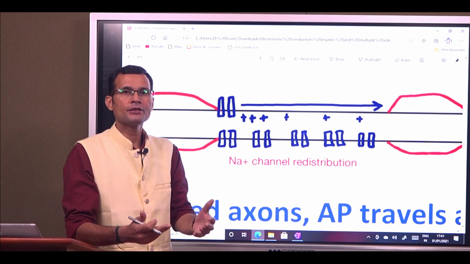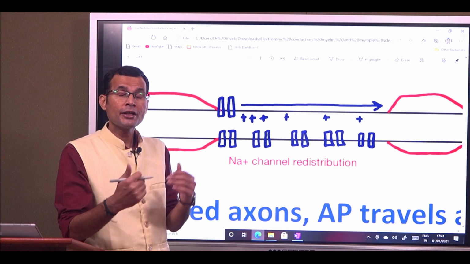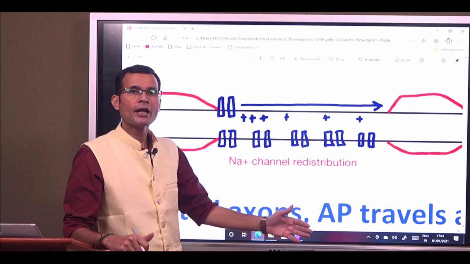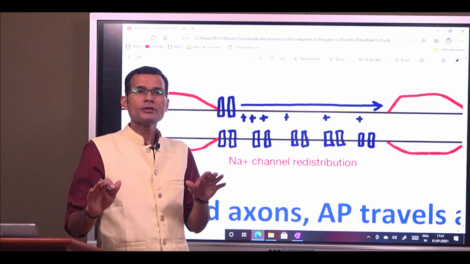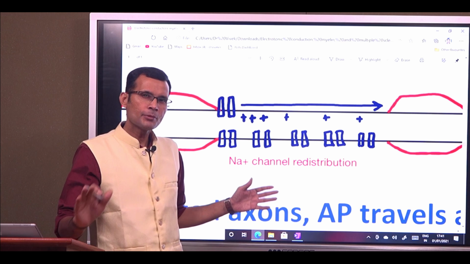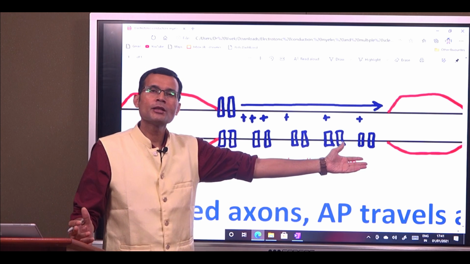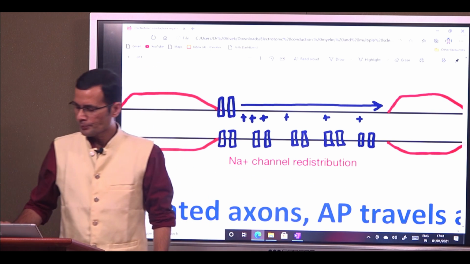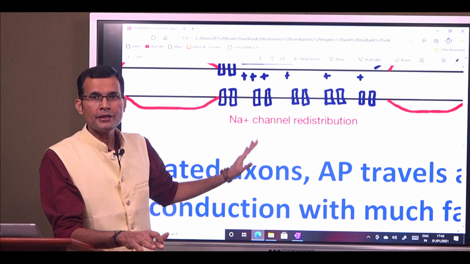Just the next point has to reach the threshold. A similar thing now happens here. Sodium channels will get redistributed over a period of time, and then the manifestations will cease, meaning there will be remission of symptoms. Symptoms will stop because now there are sodium channels at regular distances, but the neuron is demyelinated.